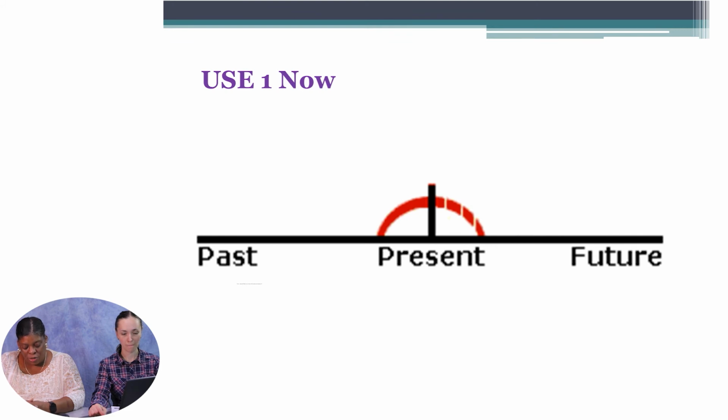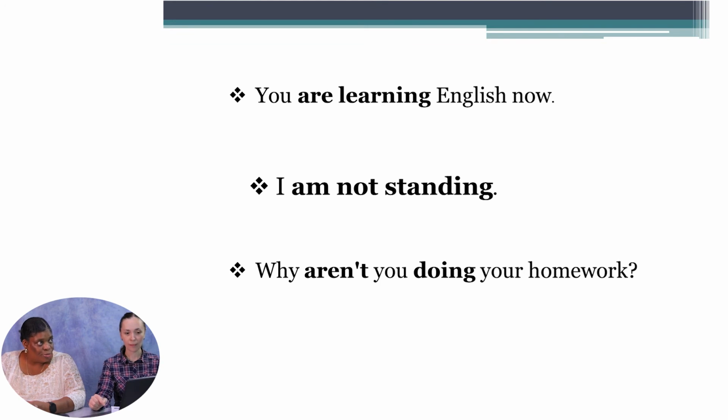It can also be used to show that something is not happening now. And we have some examples. You are learning English now. I am not standing. Why aren't you doing your homework?